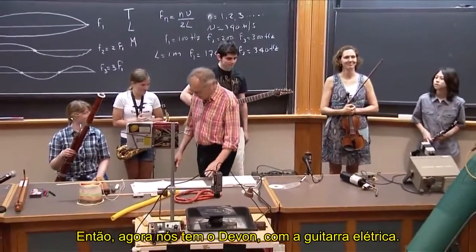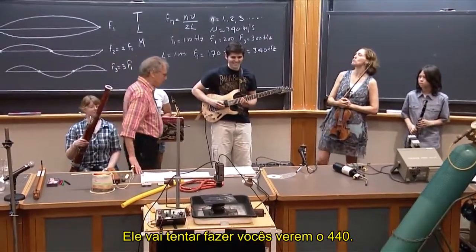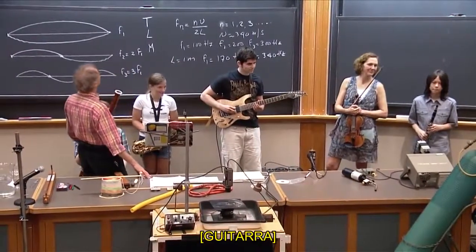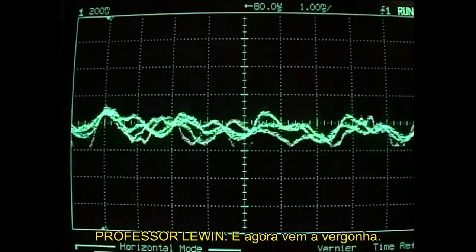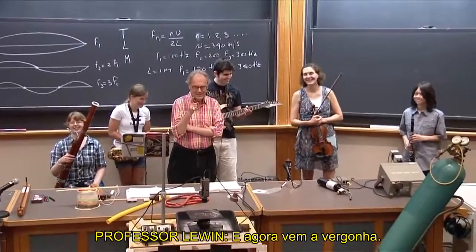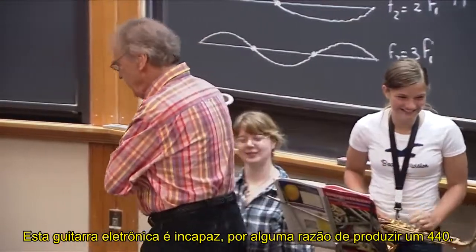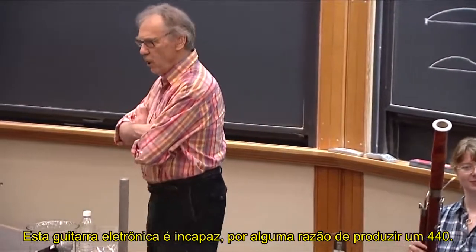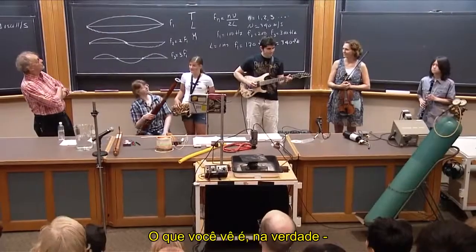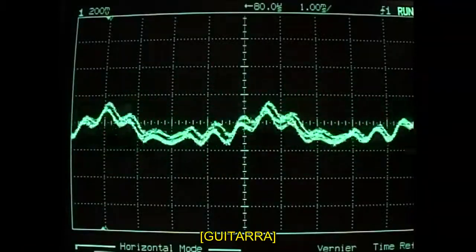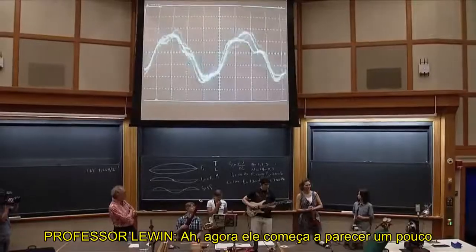All right, so now we get Devin with the electronic guitar. He is going to try to make you see 440. And now comes the embarrassment. We knew this in advance. He can't. This electronic guitar is unable somehow to make a 440. What you see is actually, try it again. Oh, now it begins to look a little bit like the violin.